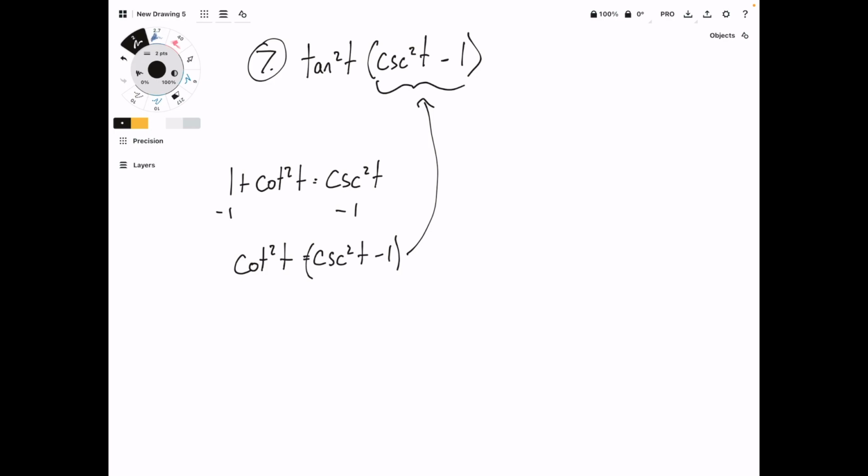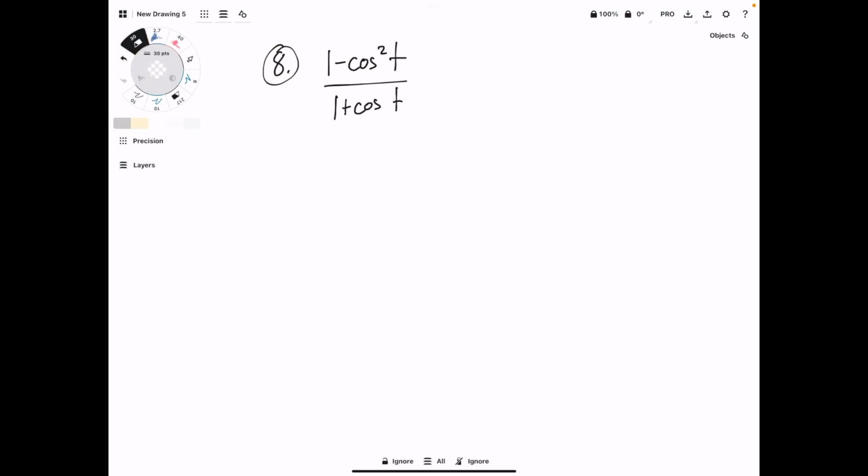So we can rewrite this as tan squared t times cotangent squared t. Cotangent is the reciprocal of tangent, so this is actually tan squared t over tan squared t, so this equals 1. For question 8, we have (1 minus cosine squared t) over (1 plus cosine t).